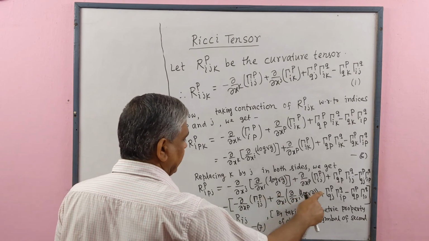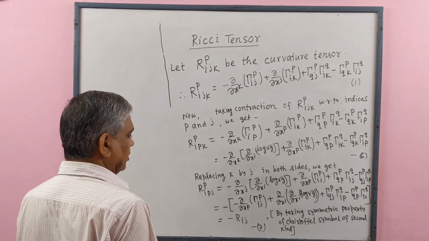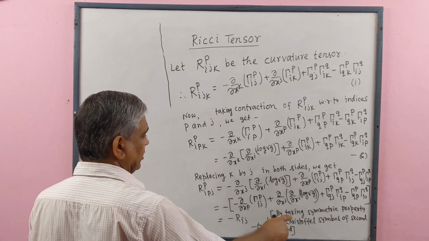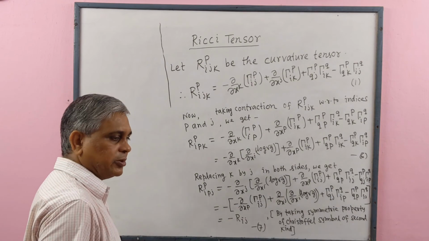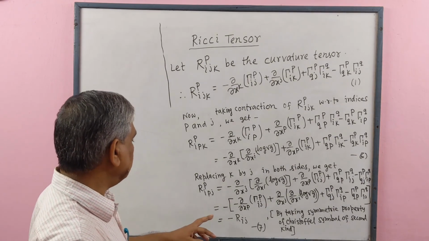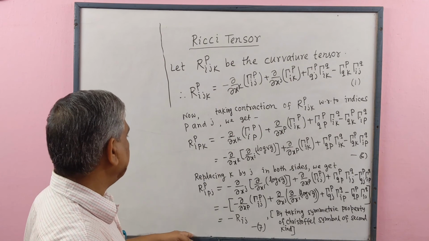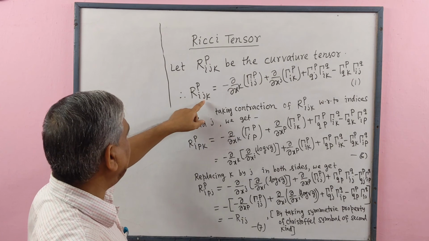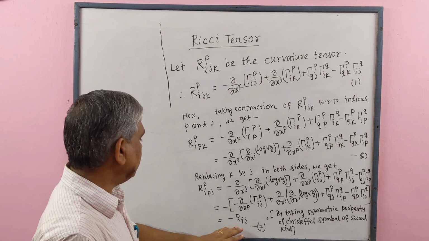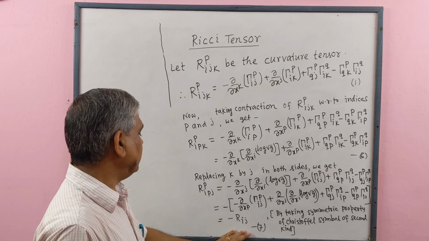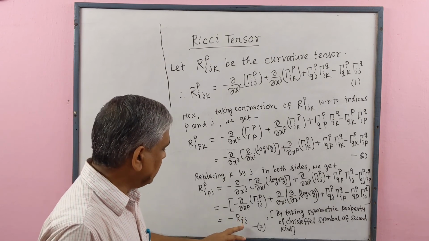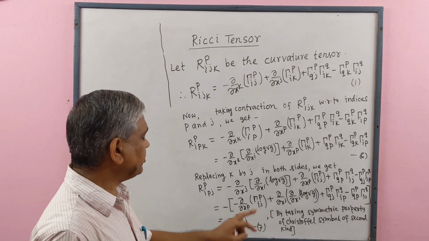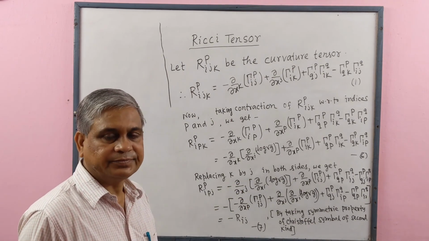The term under bracket is equal to Ricci tensor R_ij by considering the symmetric property of Christoffel symbol of second kind. So we see that by taking contraction of indices p and j, the resulting tensor is a tensor which is negative of the Ricci tensor.